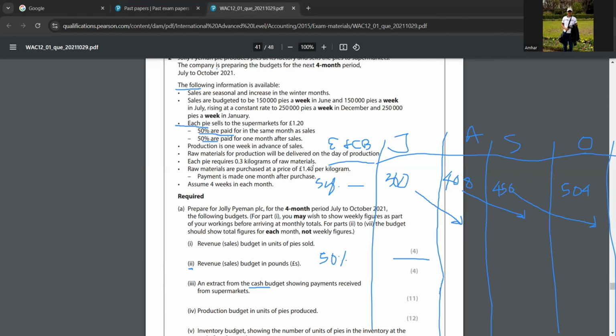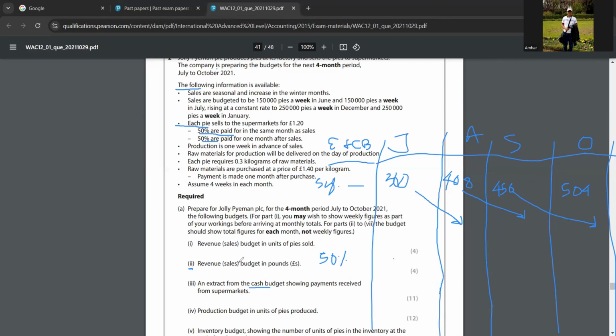Let me calculate it. Yeah, July's figure will also be 360,000. Why 360,000? How did you calculate? So June and July have the same amount of sales. So therefore in July it's 360. Okay, correct.